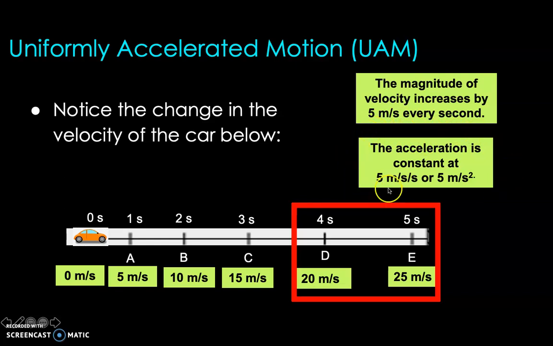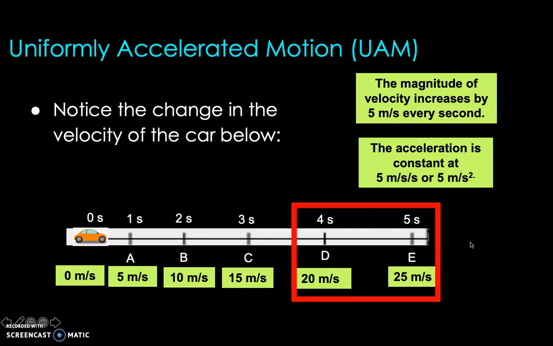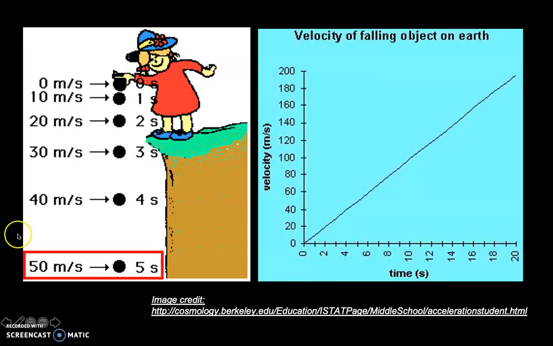So the acceleration or change in velocity is actually constant. And that's the same thing that's happening to freely falling bodies like this one. This one, it's speeding up by 10 meters per second every second, similar to this, except that this one happens along the vertical axis. That's what you should notice.